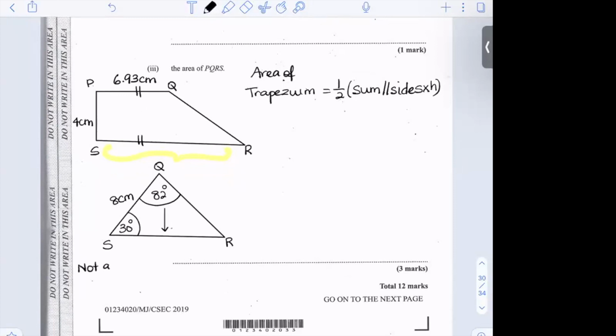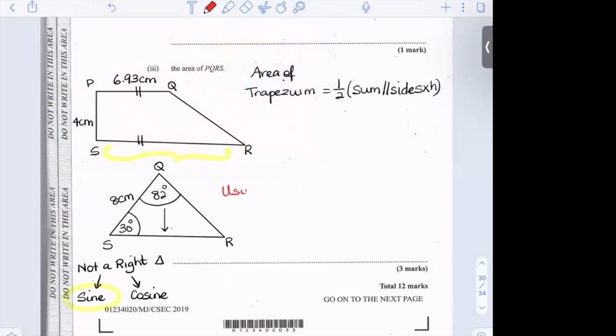So I will use either the sine or the cosine rule. Now, do I have 2 sides? No, miss. So therefore, if I do not have 2 sides, I will use the sine rule.